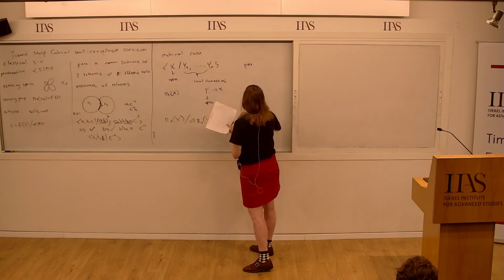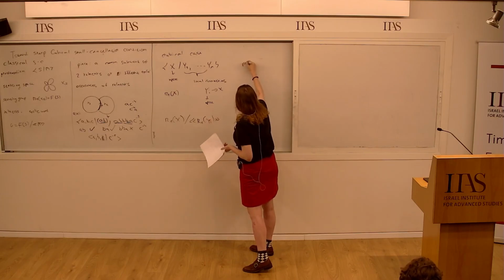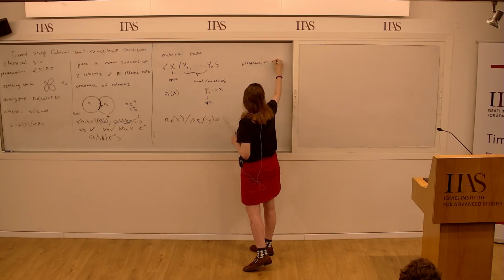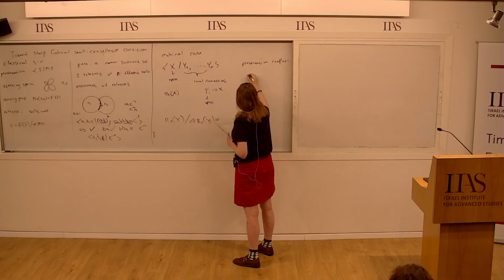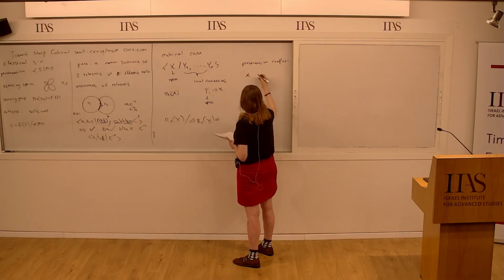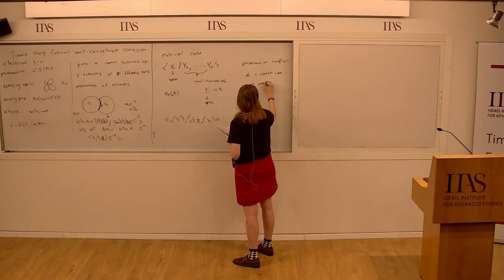Okay, so the presentation complex will be: you take X and attach a cone on every Yi.